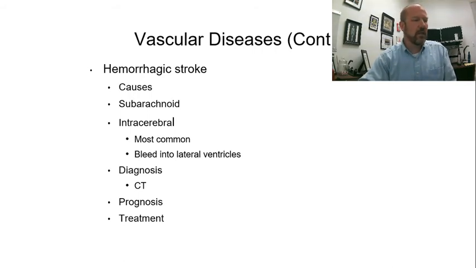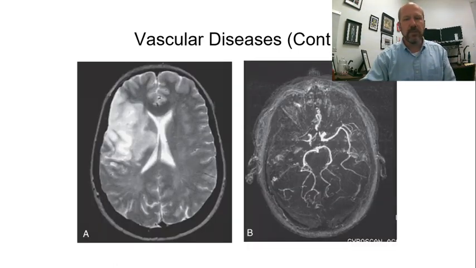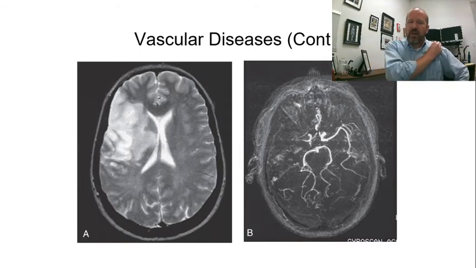Prognosis, again, is based on the severity of the actual bleeding. If the aneurysm is able to be clipped, so this patient's rushed to surgery, if we can stop the bleeding, that actually improves prognosis.